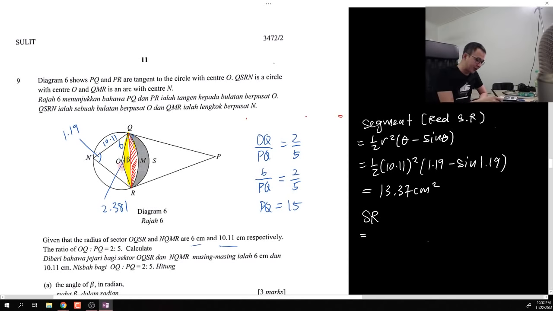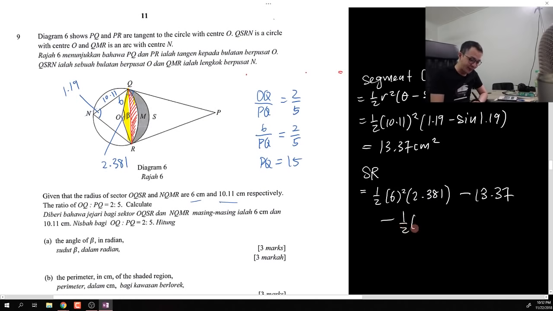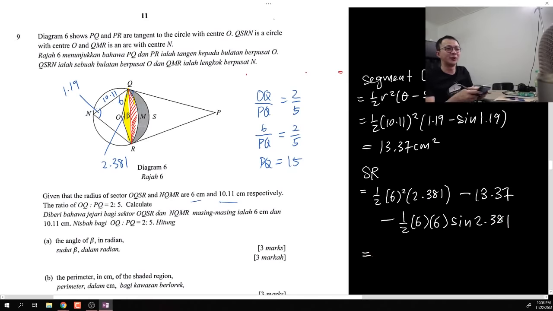So the area of sector is half r squared theta. Half r squared theta is 2.381. I minus the red color shaded region, 13.37. I minus the area of triangle. Area of triangle will be half AB sine C, sine 2.381. Yeah, so this is how we do this kind of questions.